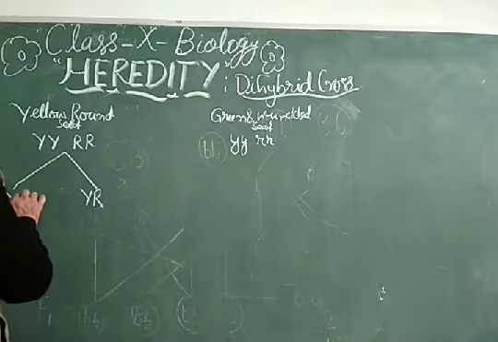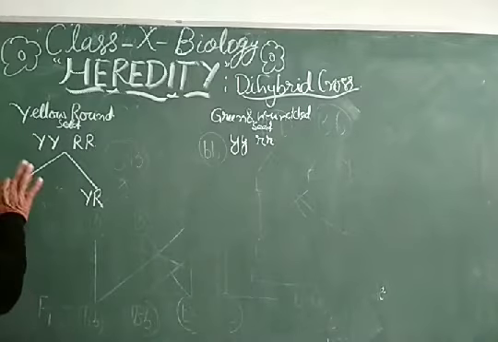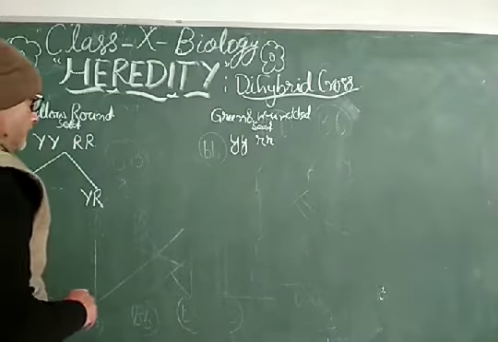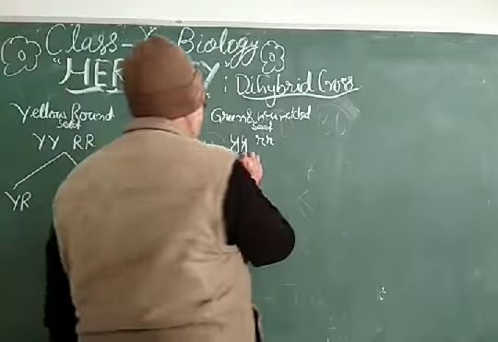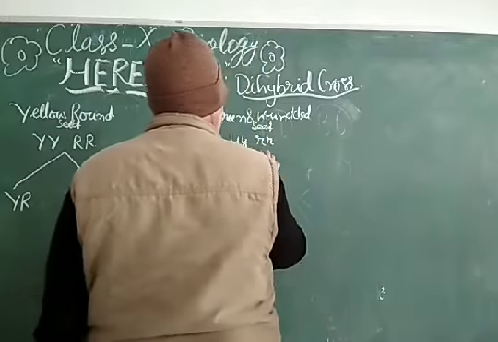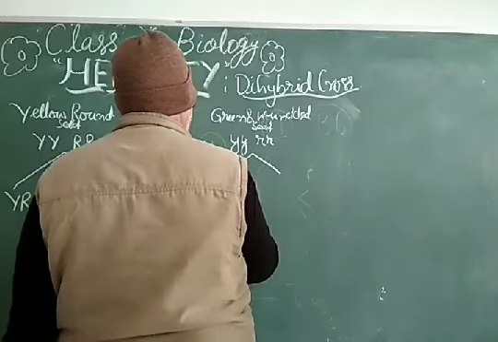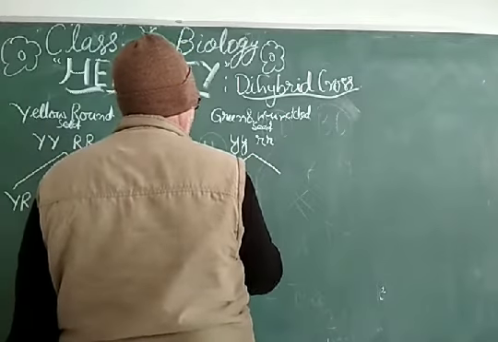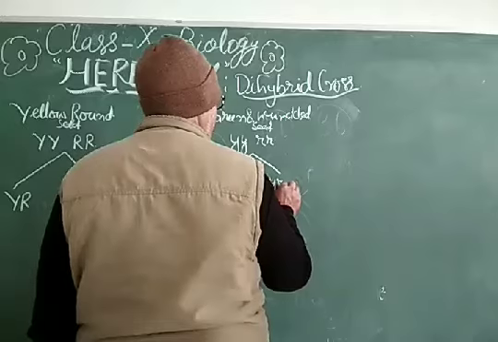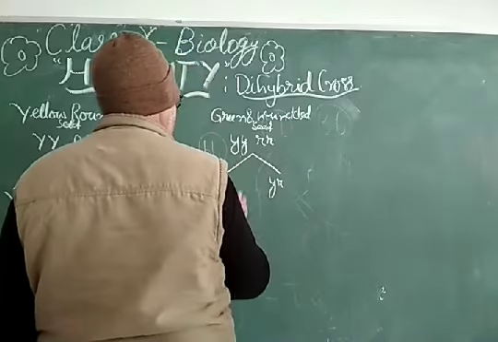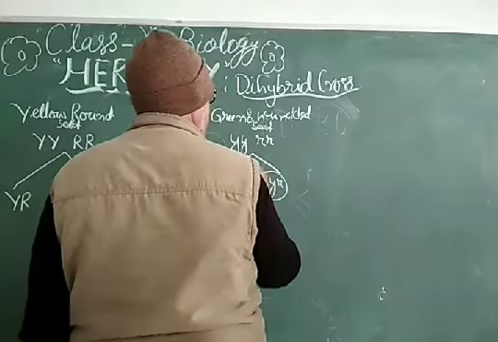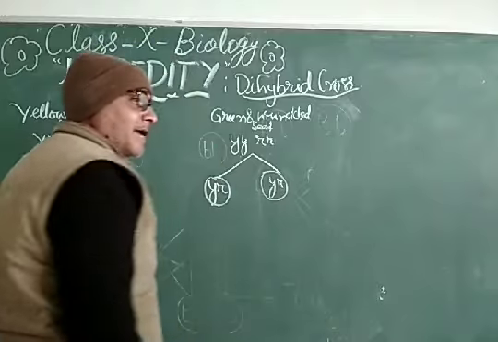So capital Y capital R is a single gamete having two characters, yellow and round. While in this gametogenesis, small y and small r form the independent gamete having the characters green and wrinkled.